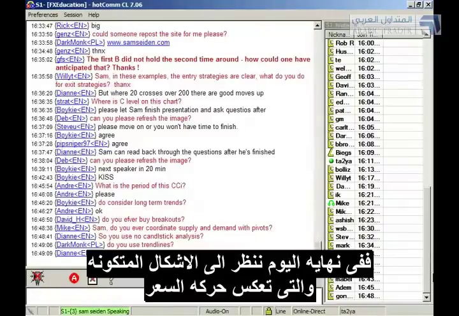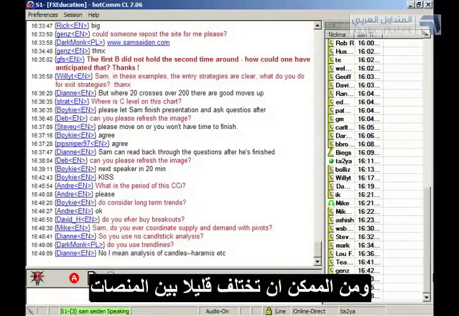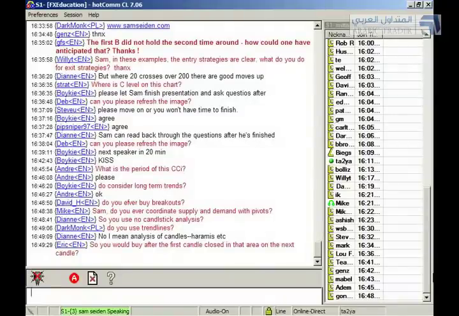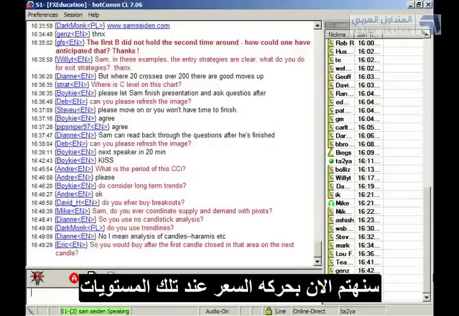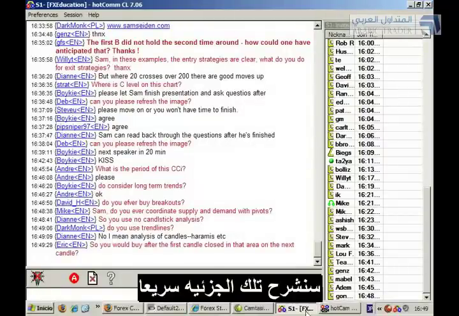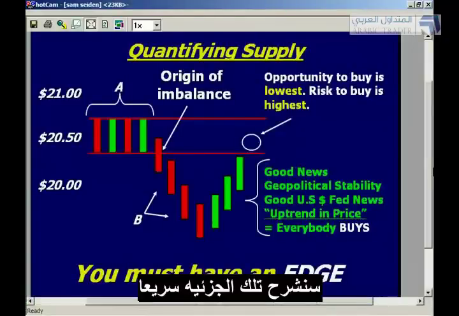These days, with technology and some of the platforms, you don't even have to look at a chart. You can look at all the trades taking place at each price. But yeah, candlesticks are fine. What we're focusing on is price, all the trading at each price level. Right. So here, I'll run through this part pretty quick.